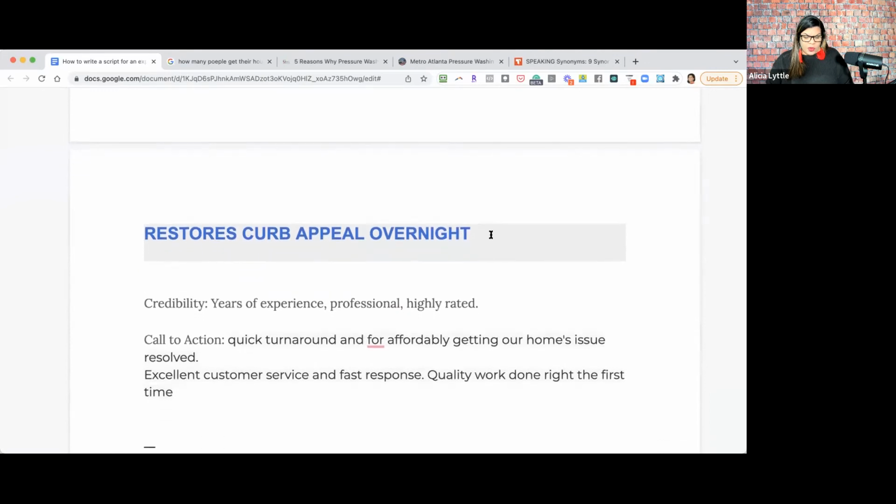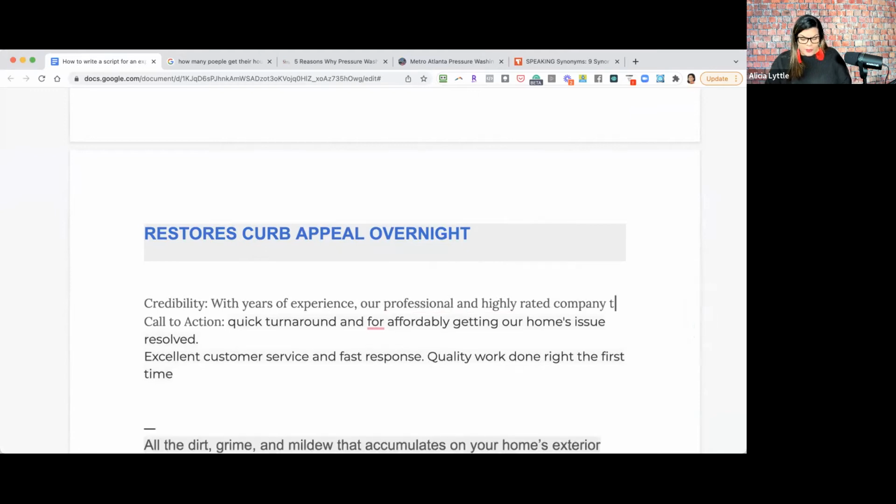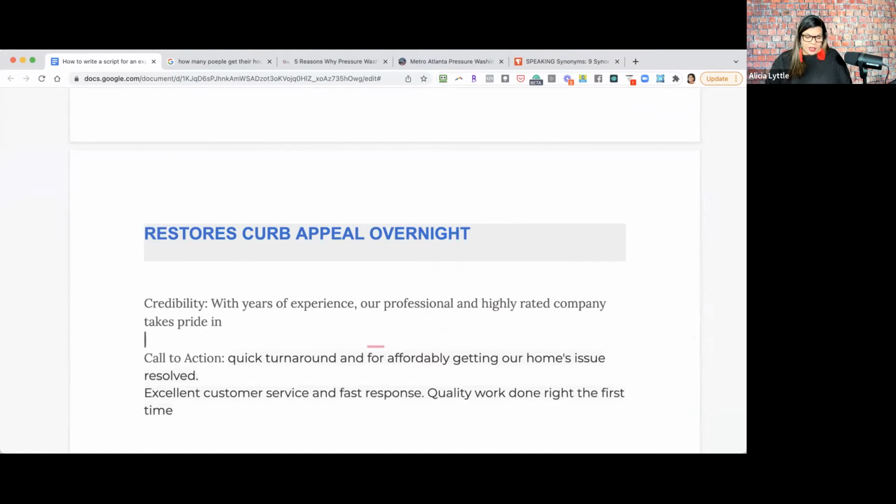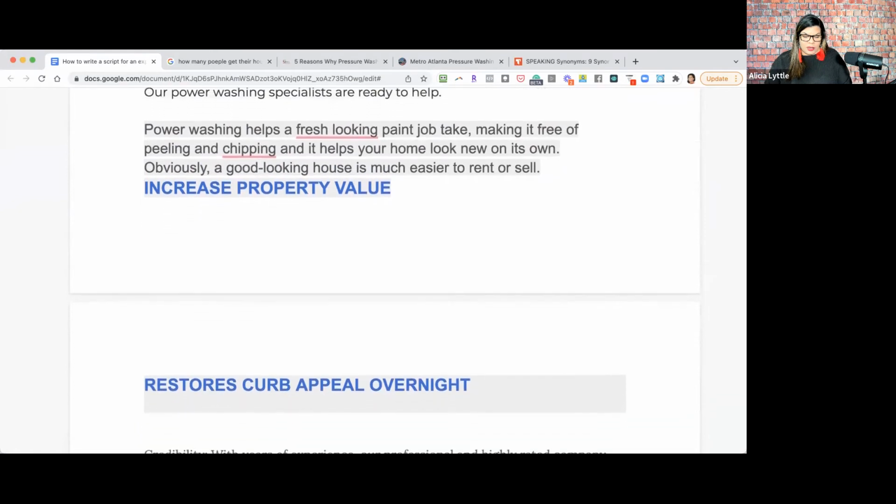And then with years of experience, our professional and highly rated company takes pride in, and I'm going to put some of the solution in there, helping you to restore your curb appeal overnight, increase your property values, and get rid of those allergens that might be impacting your family's health. I like that.